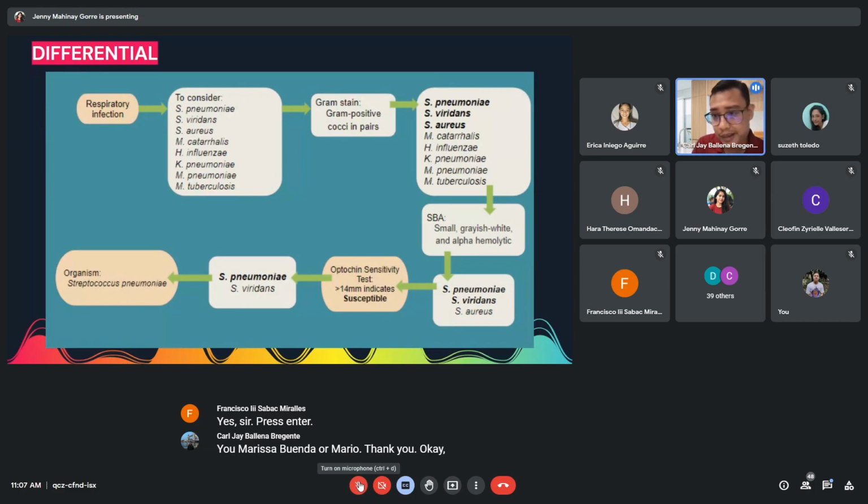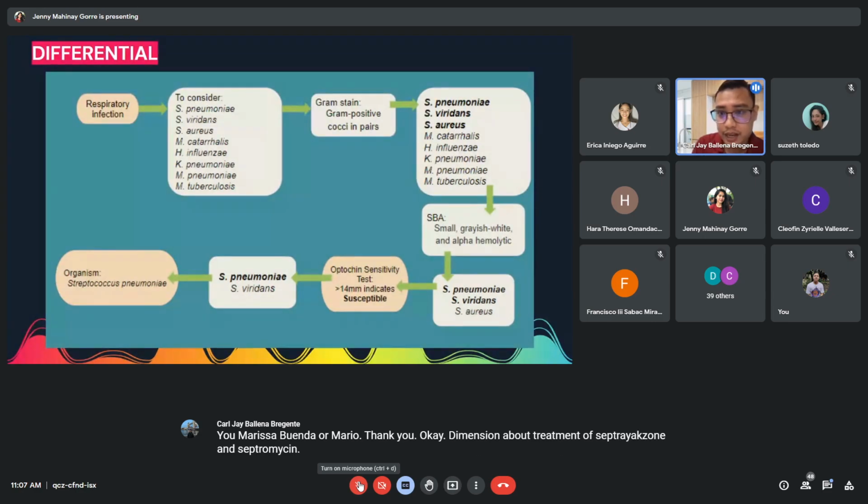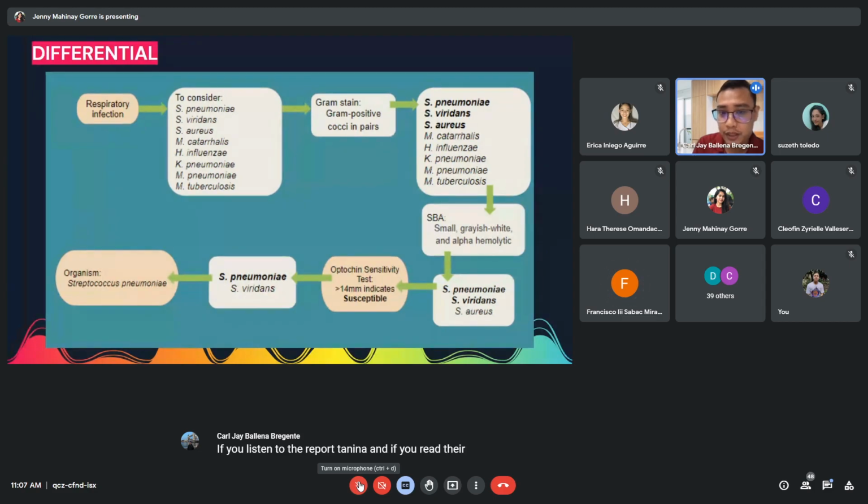Okay, they mentioned treatment with ceftriaxone and azithromycin. What's the action of ceftriaxone and azithromycin? If you listened to the report earlier and read their paper, what's the action of ceftriaxone?